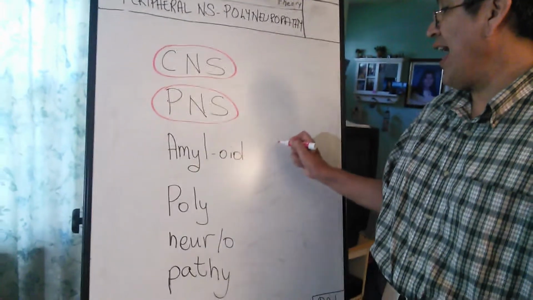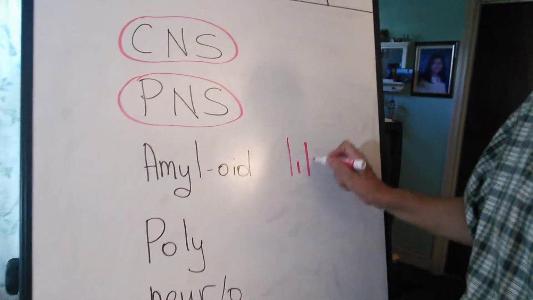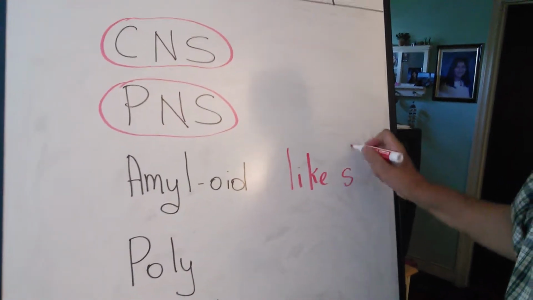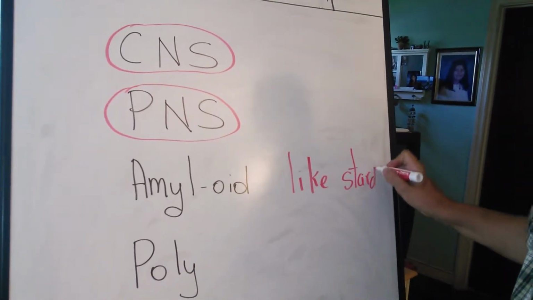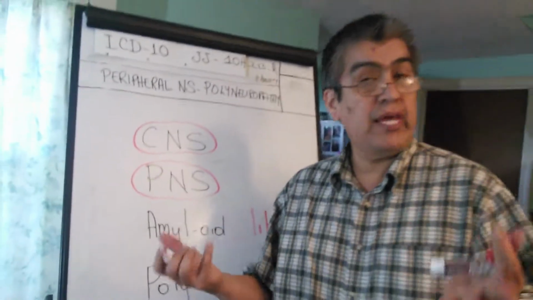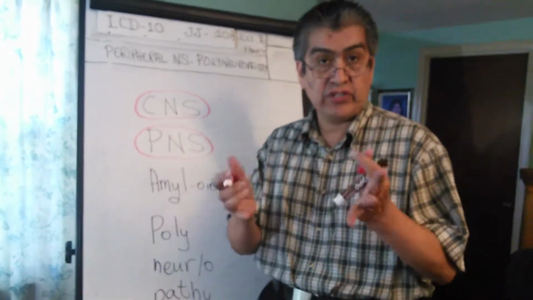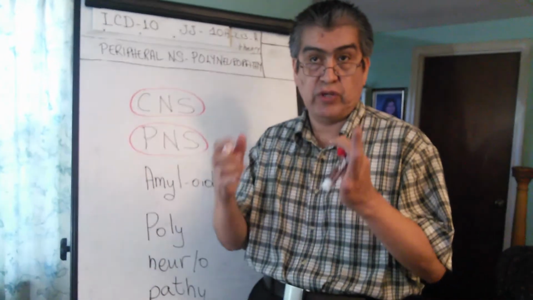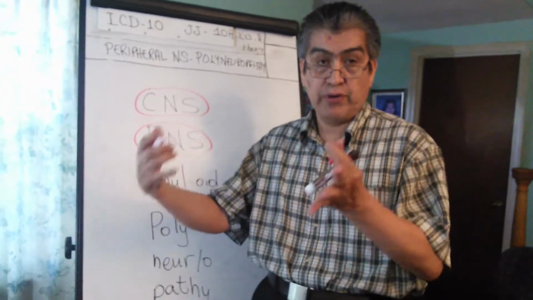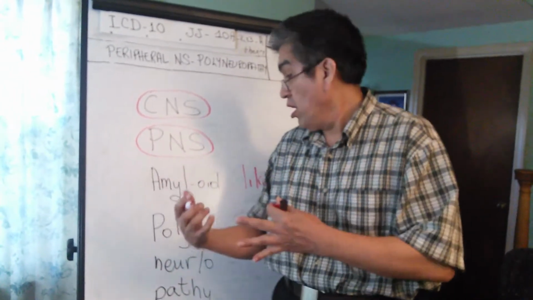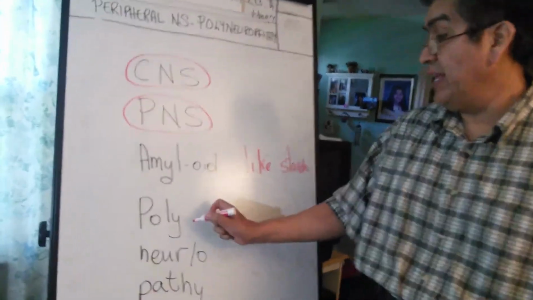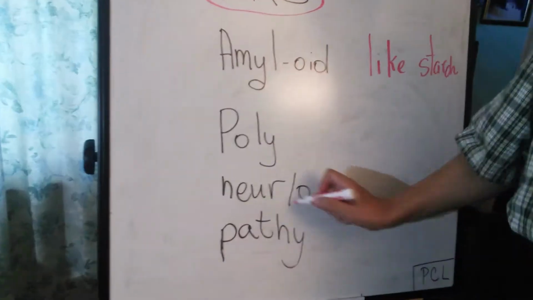Amylo means like starch. Essentially what it means is that the structure of the nerves resembles the structure of starch. And this causes a problem in the peripheral nervous system, which is the next word, polyneuropathy.